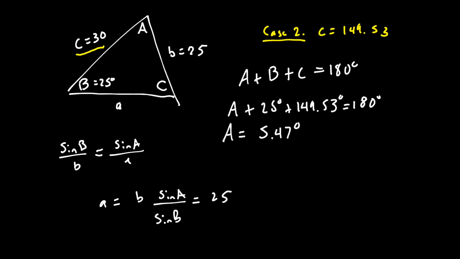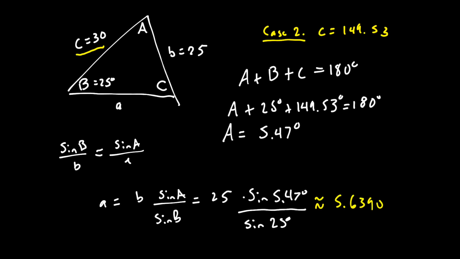Sine of A is sine of 5.47 degrees divided by sine of B, which is 25 degrees. After simplifying, this is approximately equal to 5.6390.